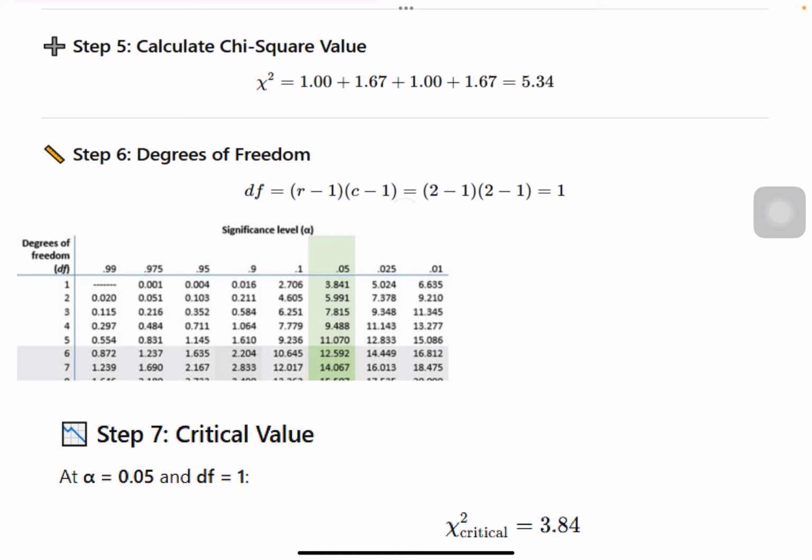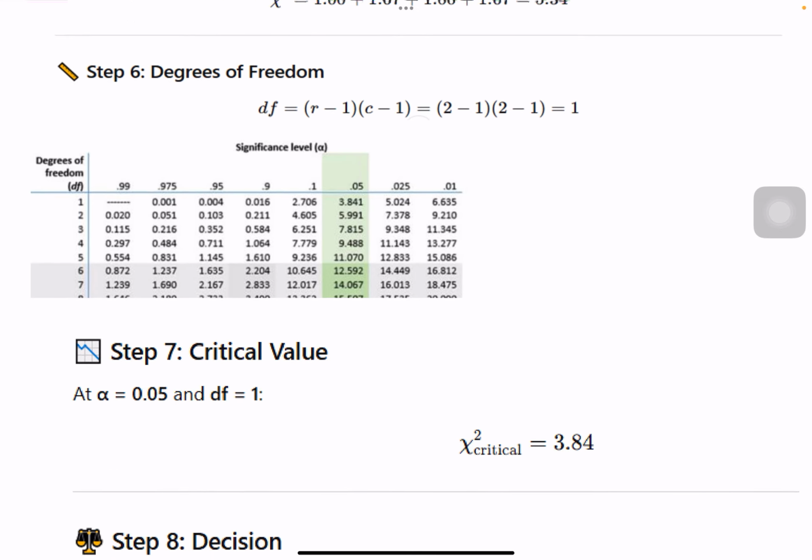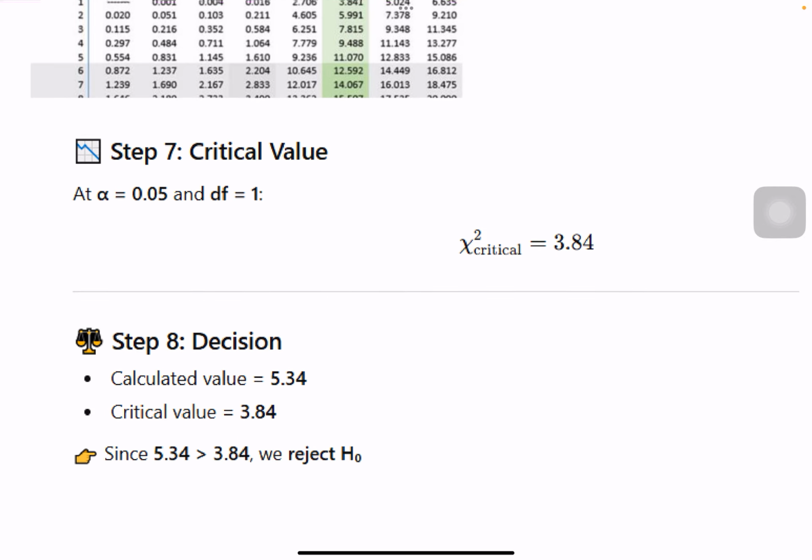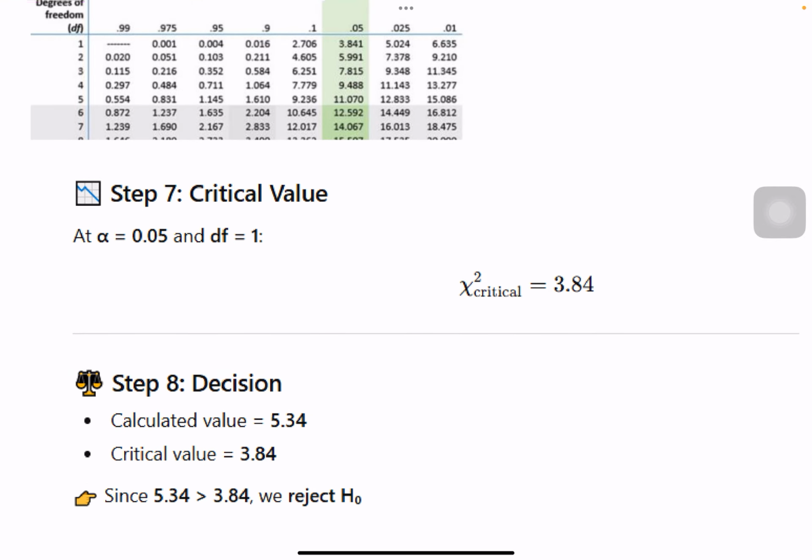The value we have here is 3.841. Step 7 is the critical value. At the 0.05 level of significance with degree of freedom 1, our X square critical value is 3.84 in our table.